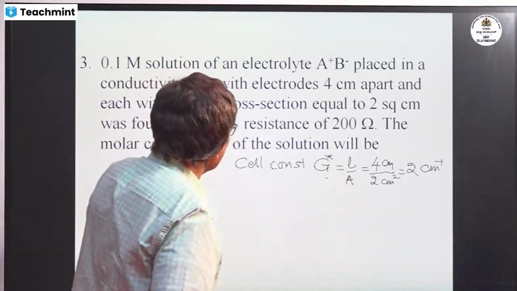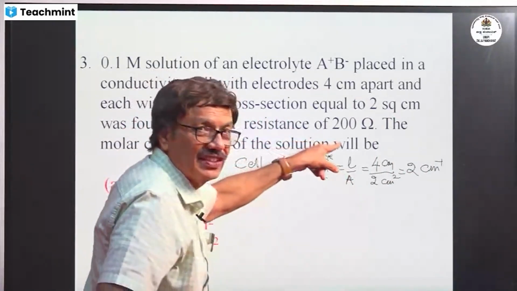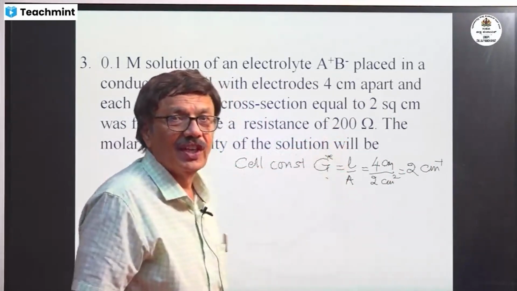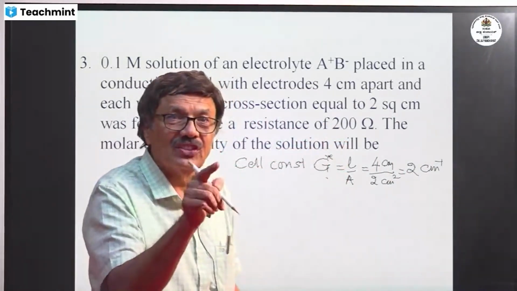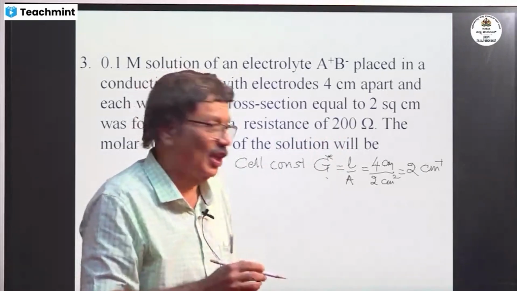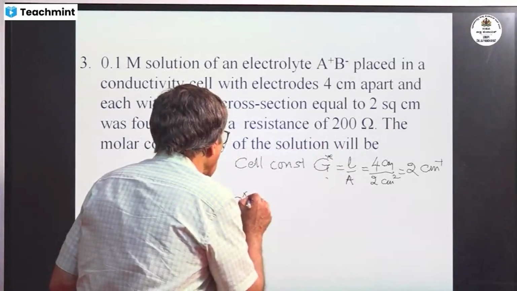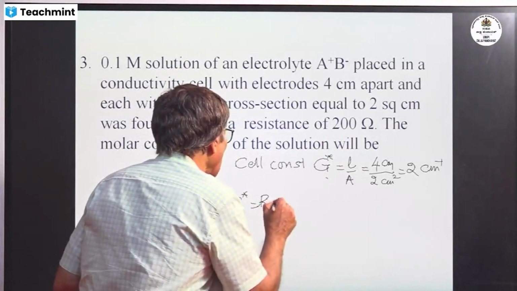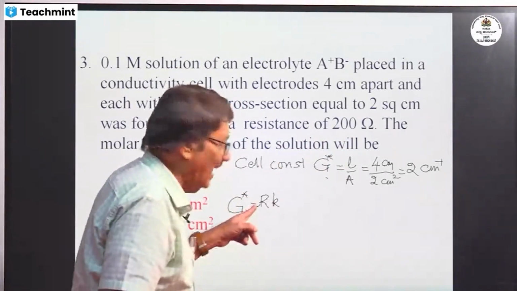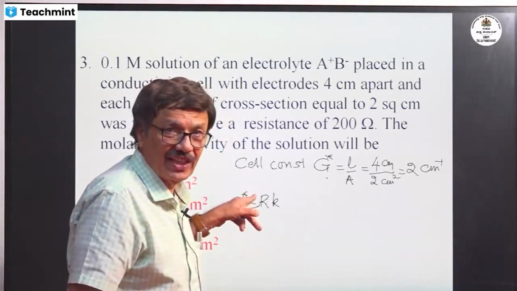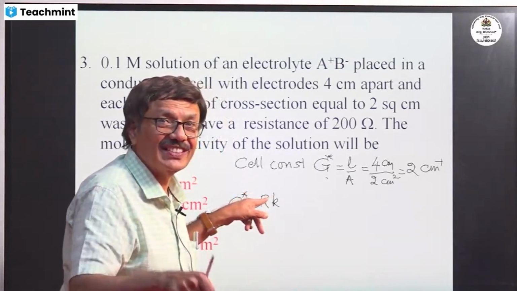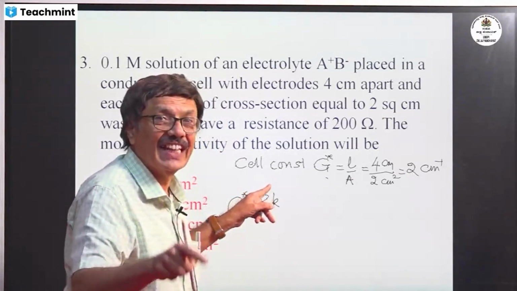Now, what they have given? They have given the resistance of the solution. Now, one more formula I have to use. Very important formula, even for your board examination. G star is equal to R into K, where G star is the cell constant, R is the resistance, K is the conductivity.